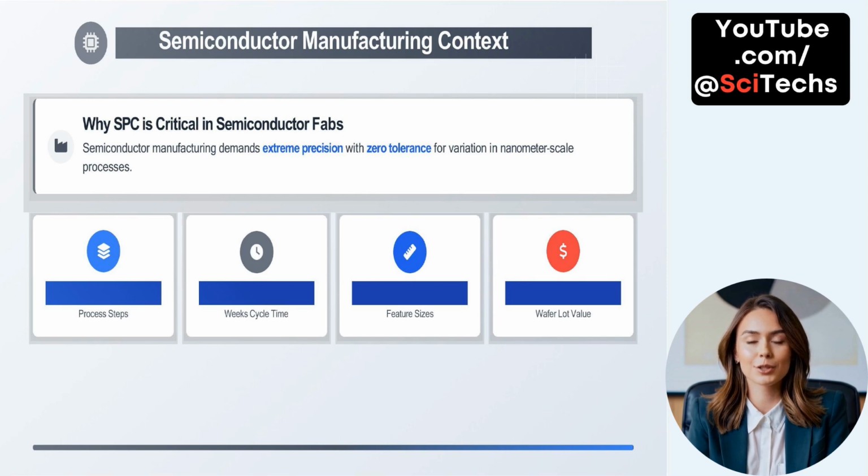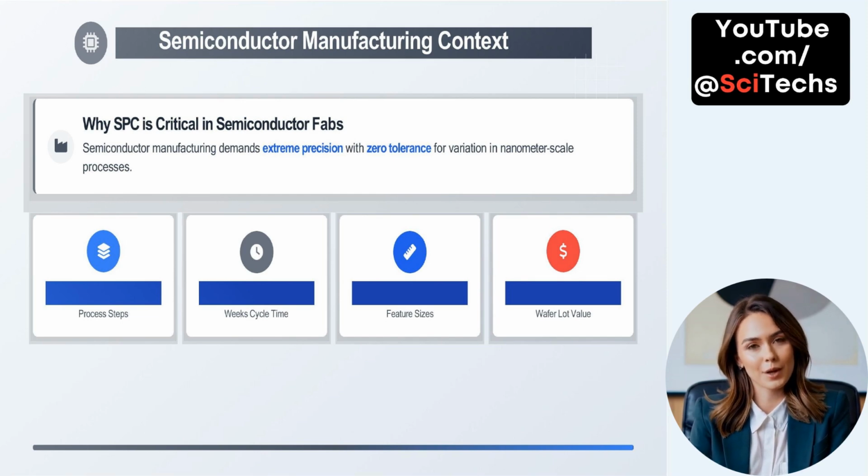One reason is the sheer number of process steps involved, often over 1,000 from start to finish, each of which must be tightly controlled. Additionally, the weeks-long cycle time for a single wafer lot means that mistakes caught late in the process are extremely costly and time-consuming to correct.